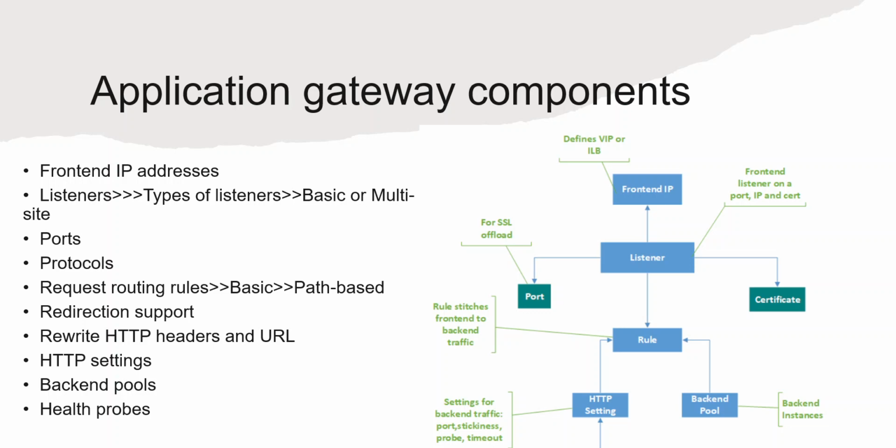The application gateway supports one public IP or one private IP address. Your virtual network and the public IP address must be in the same location where your application gateway is. Once it's created, the front-end IP address is associated with the listener.